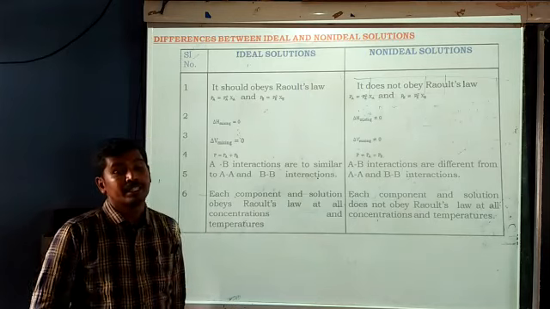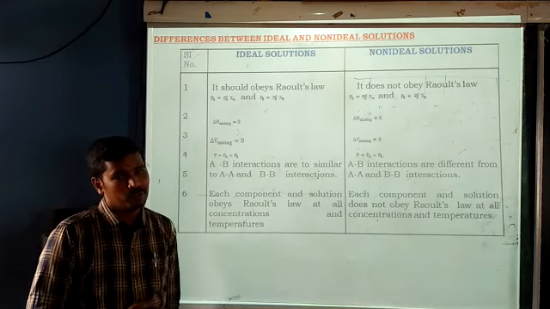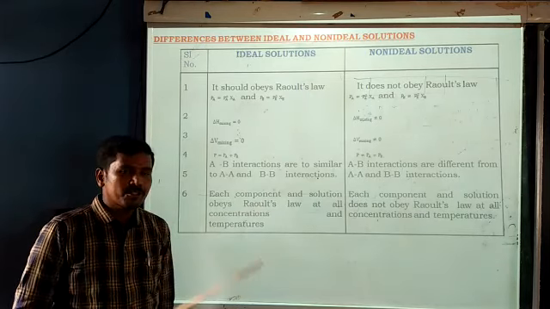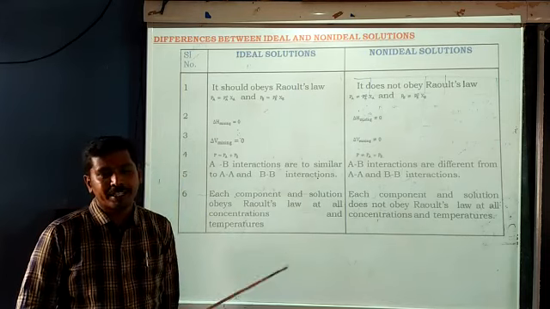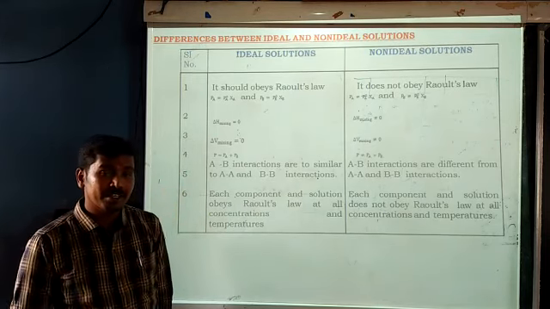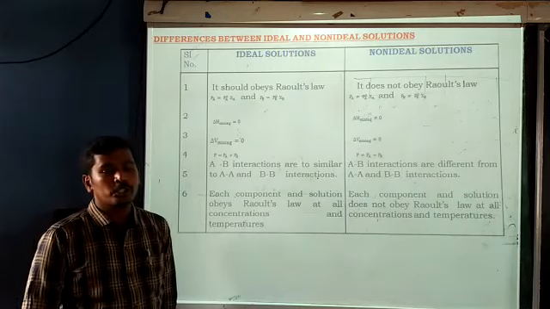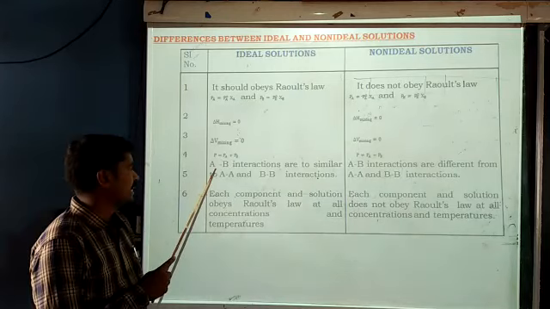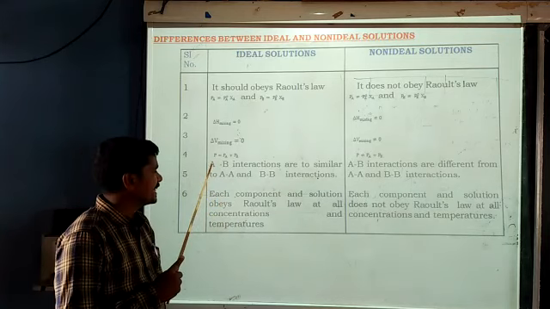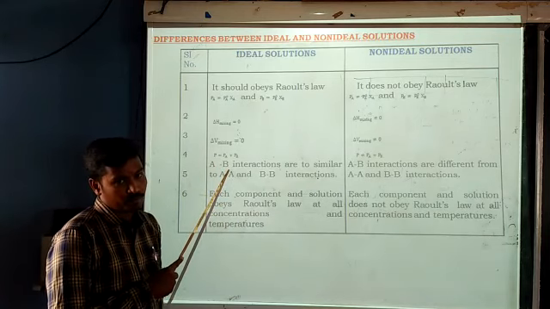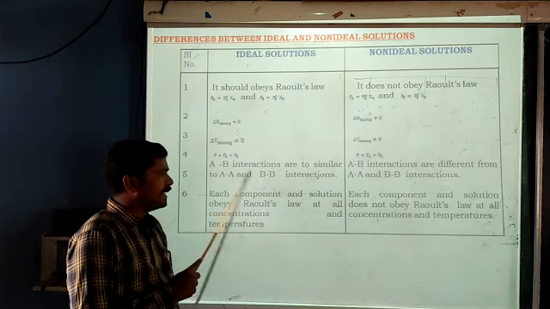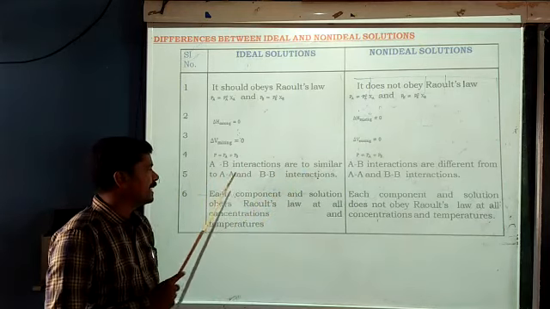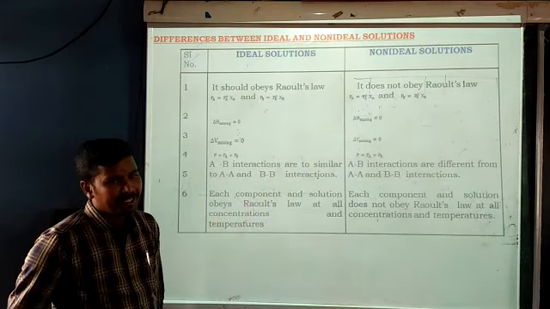I have already given you this in the characteristics of ideal solutions. For ideal solutions, solute to solute interaction is equal to solvent to solvent interaction, and that is also equal to the solute to solvent interaction in the solution. That is what I expressed in terms of AB. A is solvent, B is solute. So AB interactions are similar to the AA interactions and the BB interactions.